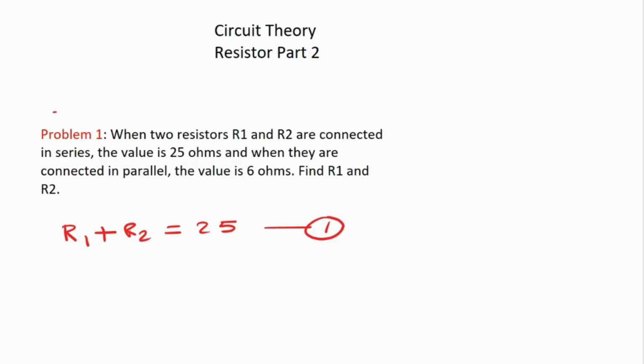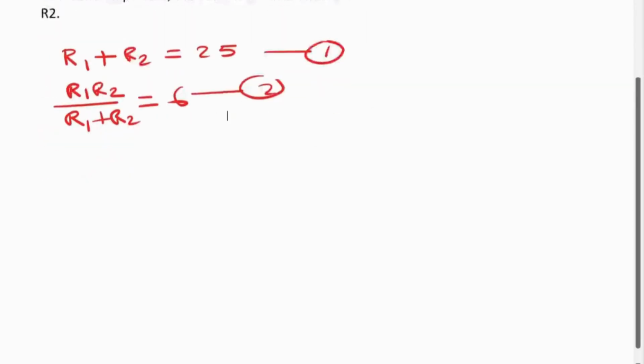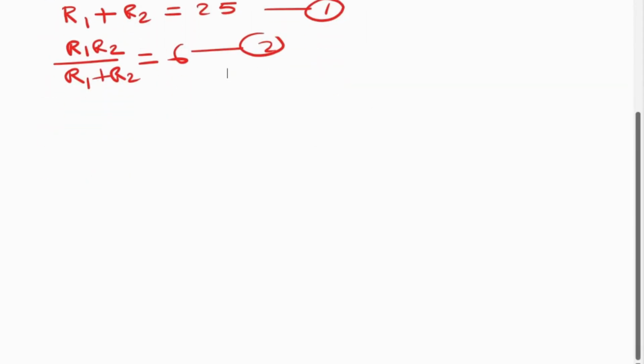So we have seen from resistor part 1, R1 into R2 by R1 plus R2 equals 6. So equation number 2. From these two equations, we can calculate the values of R1 and R2.